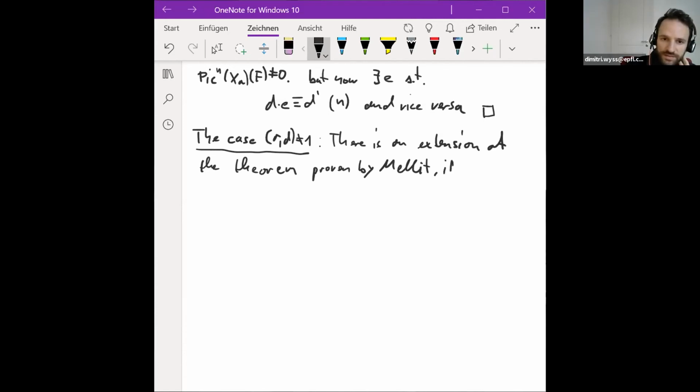If we replace, let's say, Hodge numbers. Before I say Hodge numbers, let me just work over, for simplicity, a finite field.